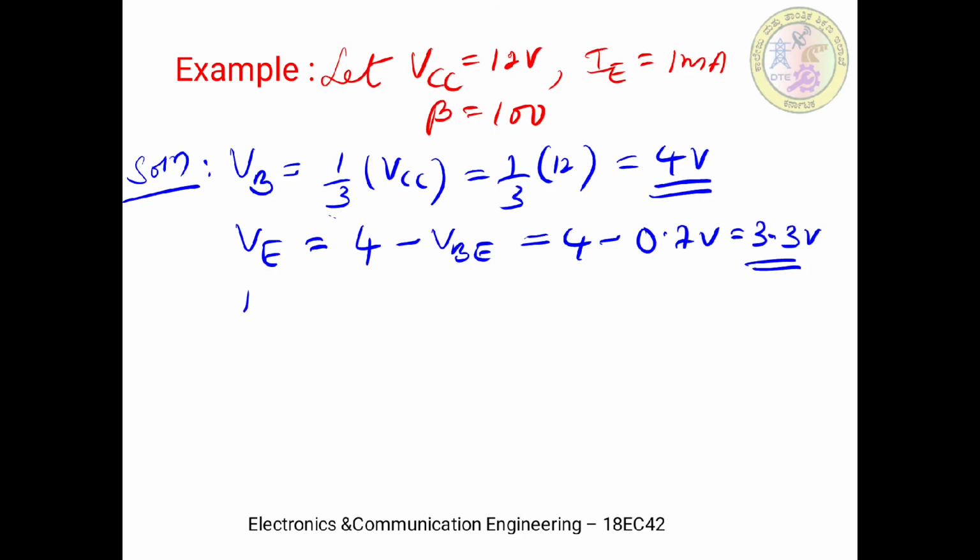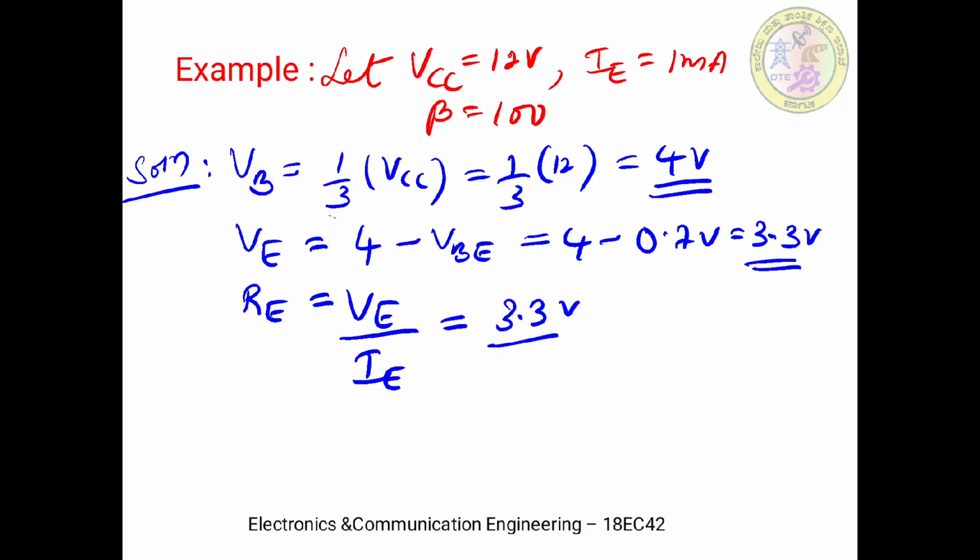Now you can determine the RE value. RE will simply be equal to VE divided by IE. You can consider these the design equations. So 3.3 volts divided by IE, and it is given in the problem that an IE of 1 milliampere needs to be achieved. Therefore this will be equal to 3.3 kilo ohms. So in our circuit the RE value is equal to 3.3 kilo ohms.